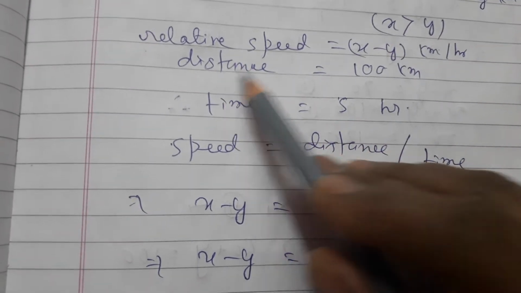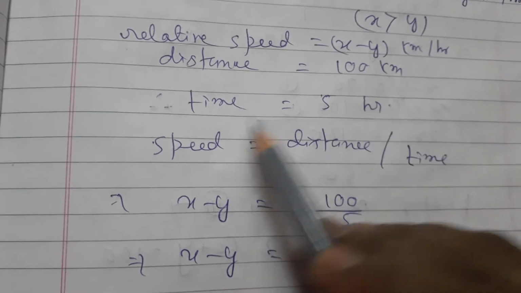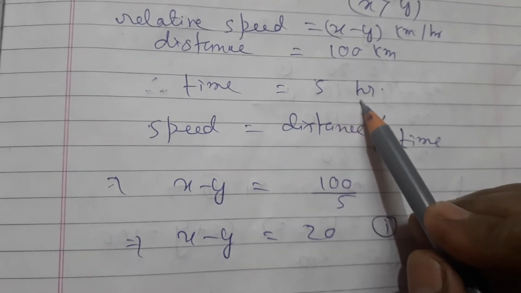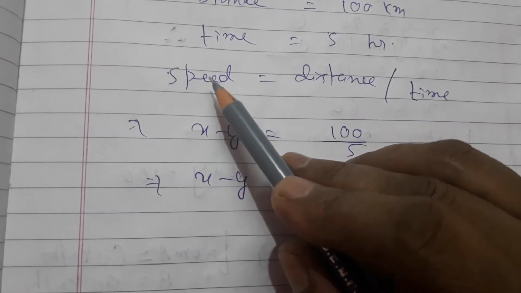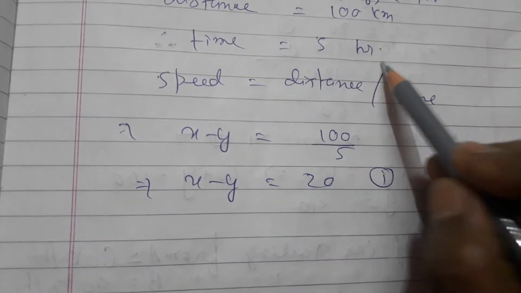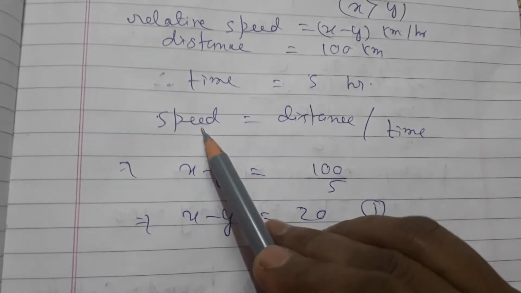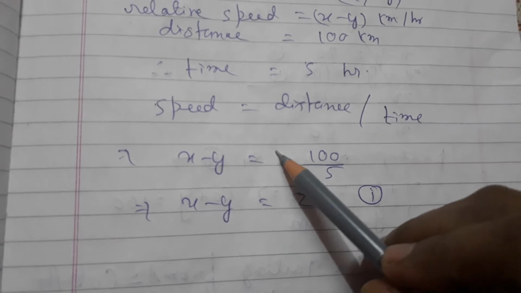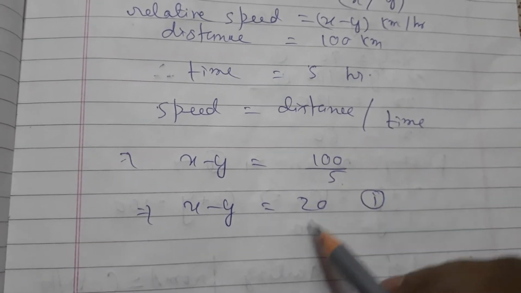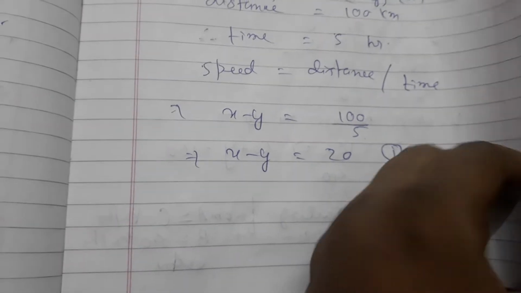Okay, and distance is 100 km given and time is also given, 5 hours. Now this is a formula, speed equals distance by time. In case of relative speed, x minus y equals 100 by 5, that is 20. It is equation number 1.